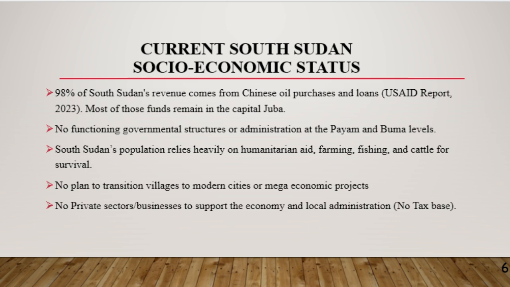But when it comes to those lower echelons, there isn't much administration. And then the South Sudan population continues to rely heavily on humanitarian aid or farming or their own fishing, right? There is no actual modernized economy that they are utilizing.